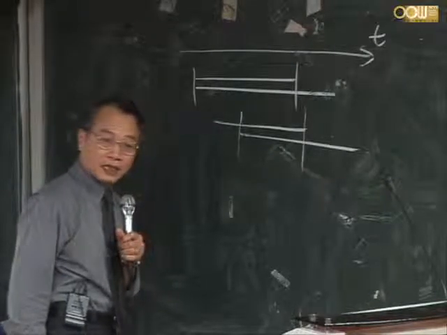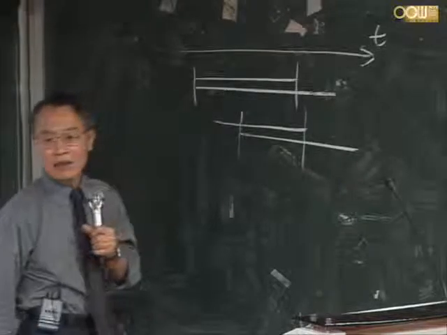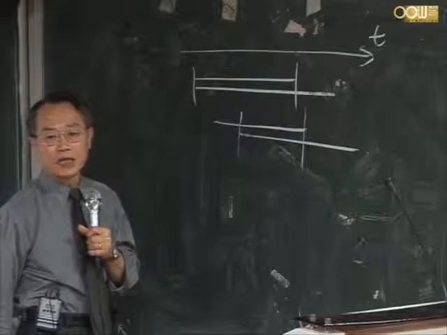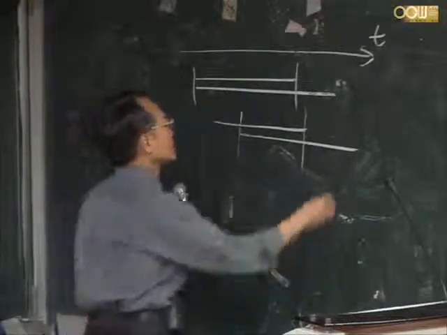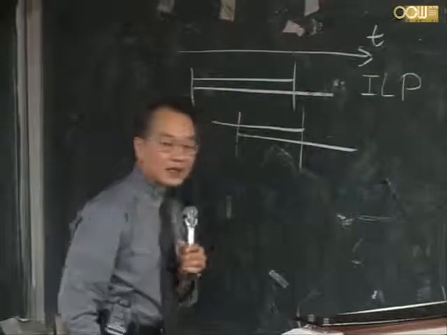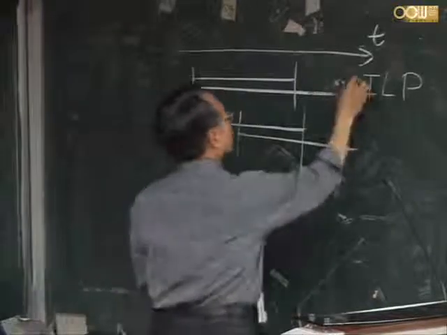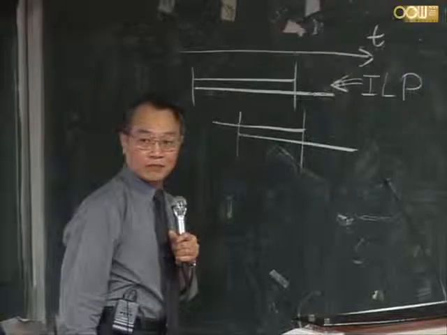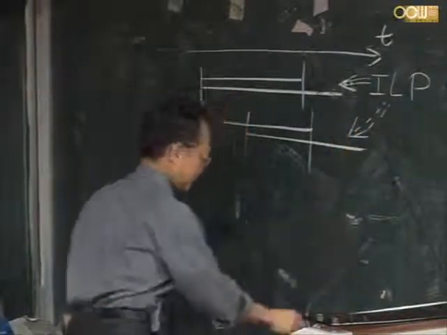So it becomes somewhat confusing. When we talk about pipelining, why don't we use the term ILP? Well, we should have, but ILP in a limited sense could mean only this, but in a broader sense could also mean this.